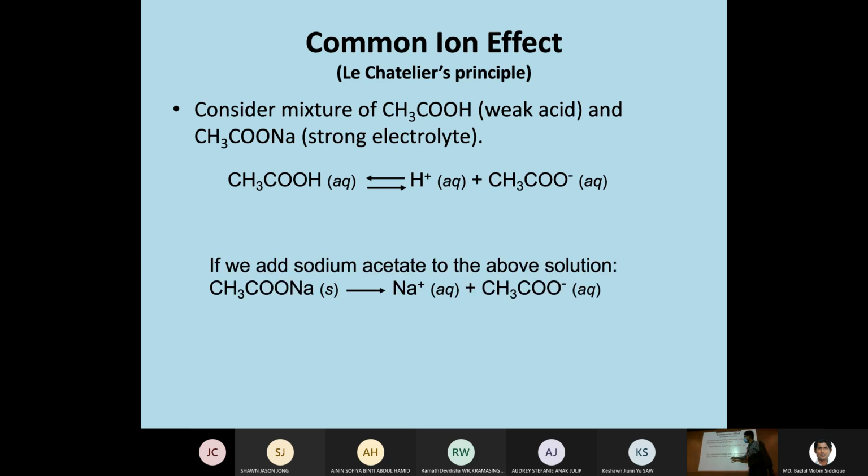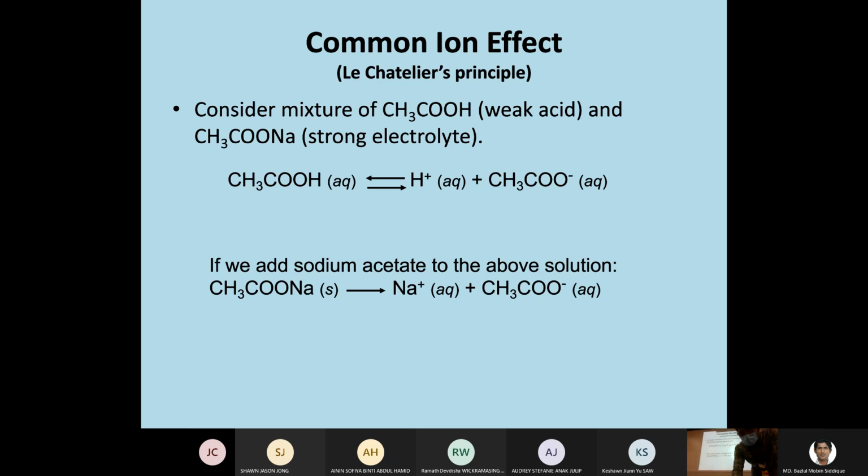And sodium acetate, you see these two are the same. These two are the same. So that is why we call this a common ion. In both these chemical compounds, these two are the common ion.